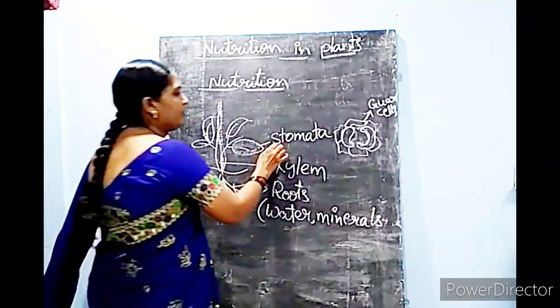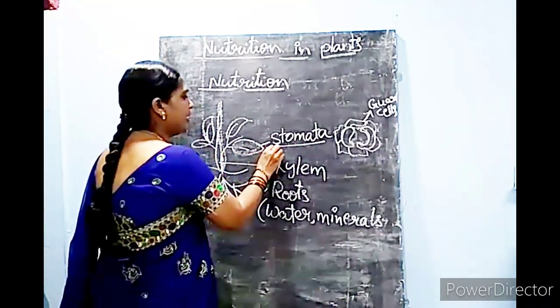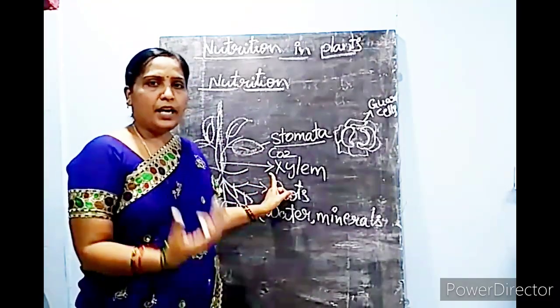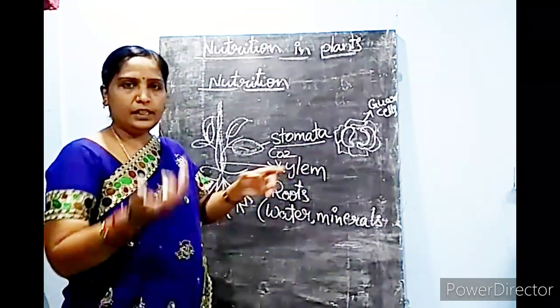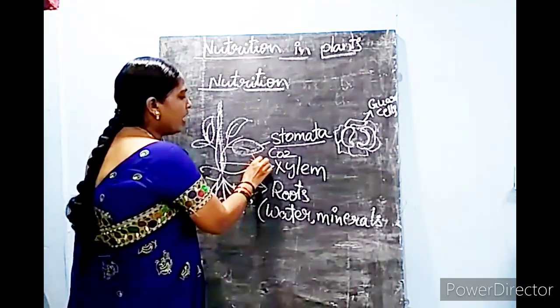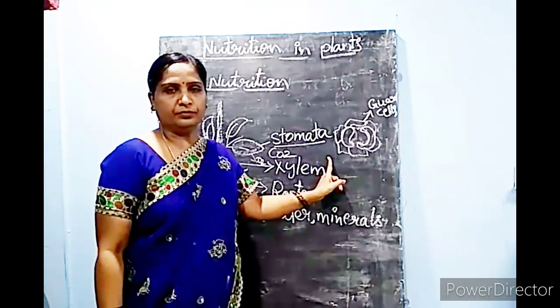So with the help of this stomata, they'll take the carbon dioxide inside. Exchange of gases takes place. They'll take the carbon dioxide inside and they give out the oxygen outside with the help of stomata.